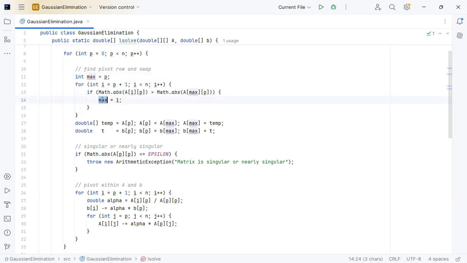We make max equals I. So we just remember the maximal number there, the maximal number in the column, actually, because here we are going column by column.